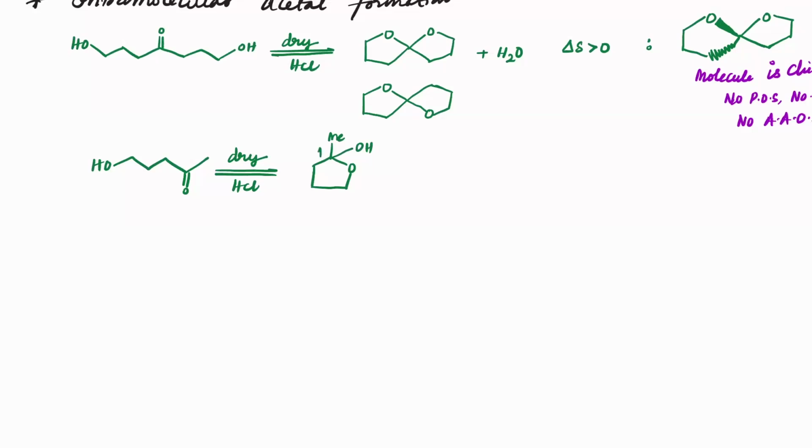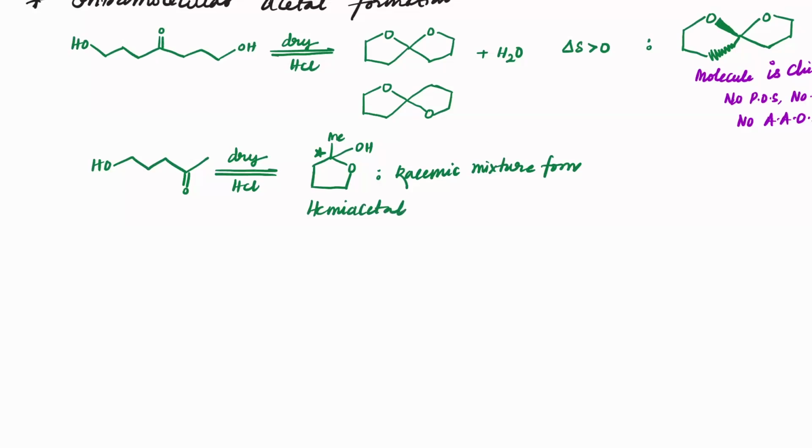This is also forming a chiral center, a single chiral center, but the molecule will be a racemic mixture. So this is a hemiacetal.